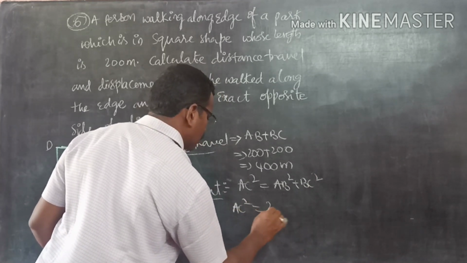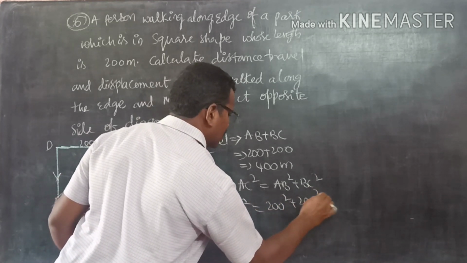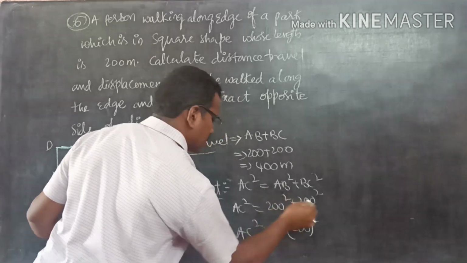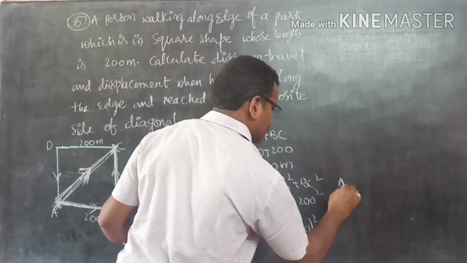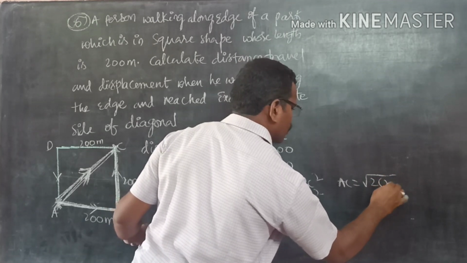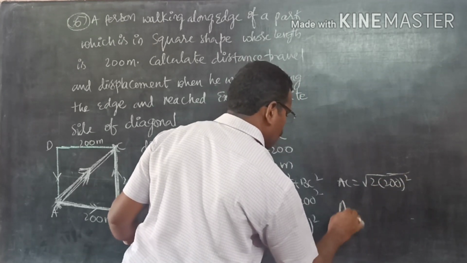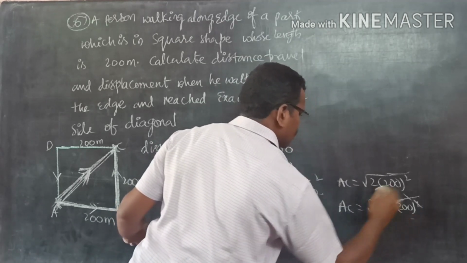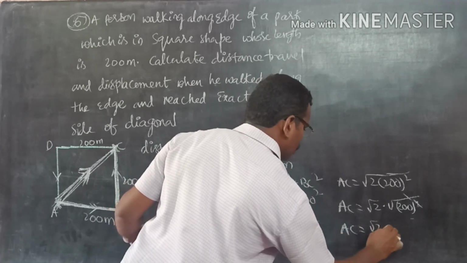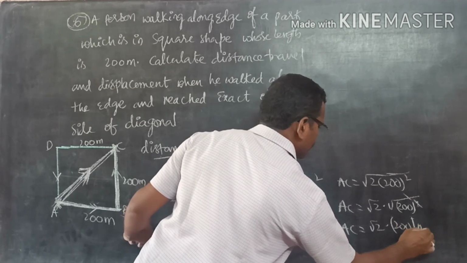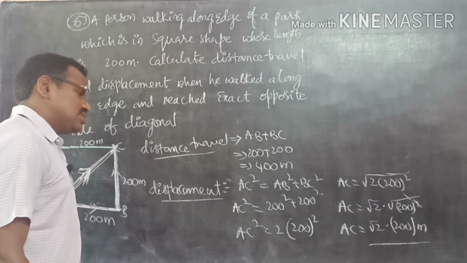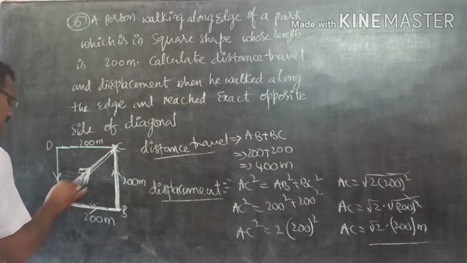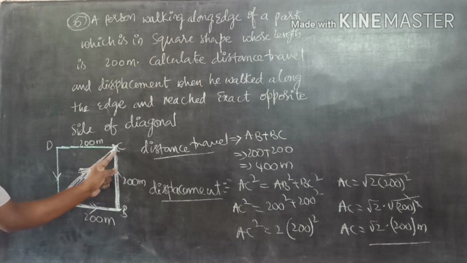AC square is equal to 200 square plus 200 square. Now AC square is equal to 2 of 200 square, because 2 times the value is there. Now AC is equal to root of 2 of 200 square, so AC is equal to root 2 into root of 200 whole square. Then AC is equal to root 2 of 200 meters. This is the displacement when the body has reached the exact opposite side of the diagonal.